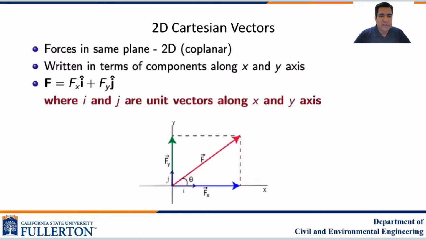When we are dealing with Cartesian vectors, meaning when we are expressing the vectors in i, j form or x and y component form, the vector can be expressed like this. The F vector, for example, has Fx i and Fy j, meaning Fx and Fy are the x component and y component of the vector. Using the right triangle rule, we can express different information about the resultant vector.